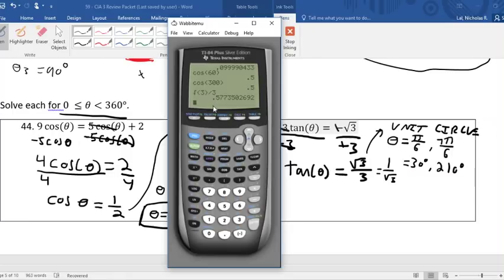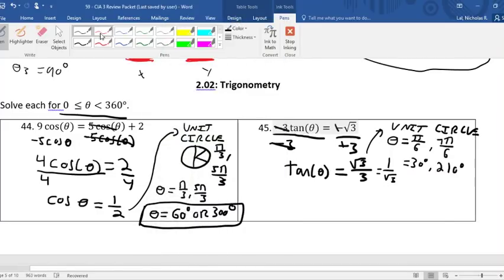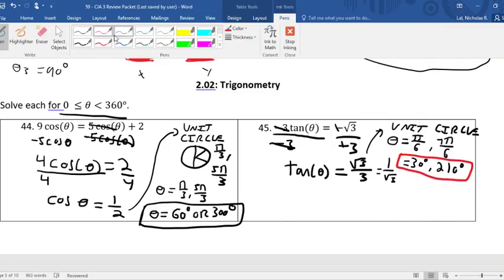That's going to be 0.577. And let's see if the tangent of 30 degrees and 210 degrees also produces 0.577. Is the tangent of 30 degrees 0.577? Yes, it is. Is the tangent of 210 degrees 0.577? Yes, it is. So this shows that we have memorized our unit circle correctly, and that our answers are 30 degrees and 210 degrees.